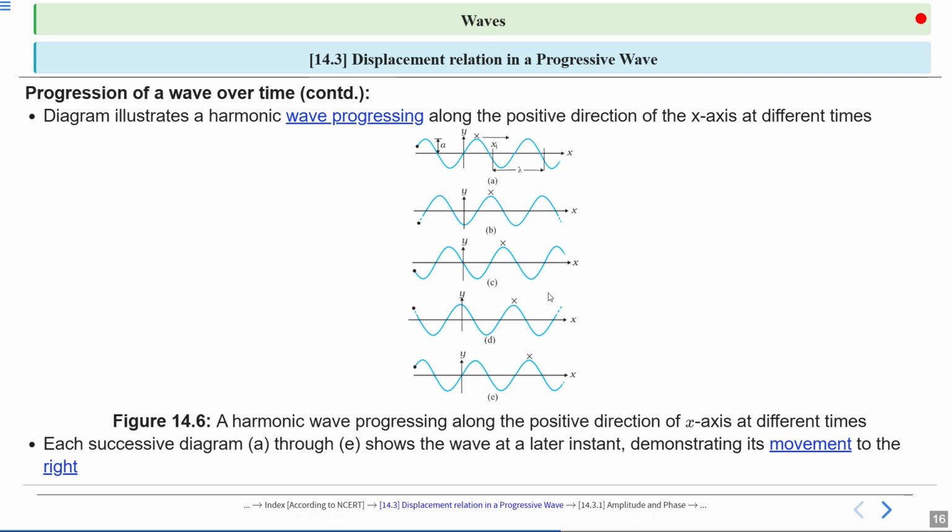Each part of the diagram labeled from A to E represents the wave at a slightly later moment. Clear? So the wave pattern moves to the right, showing the direction of the wave travel. This helps us visualize that the wave is not standing still, it's actually moving through space over time.